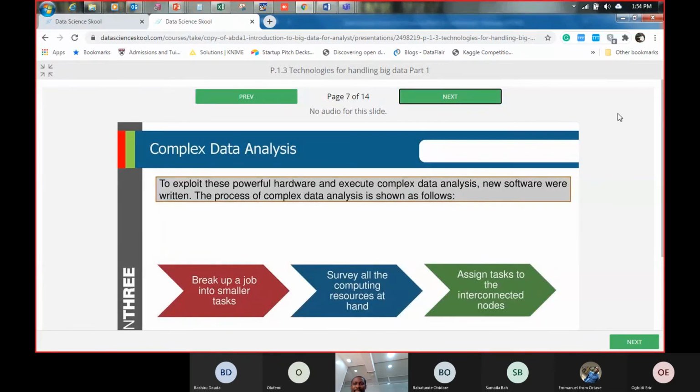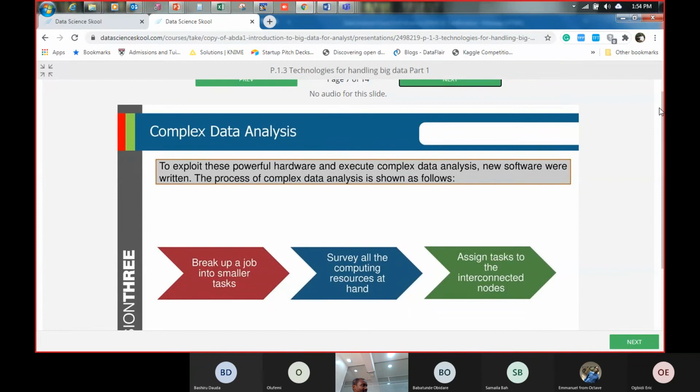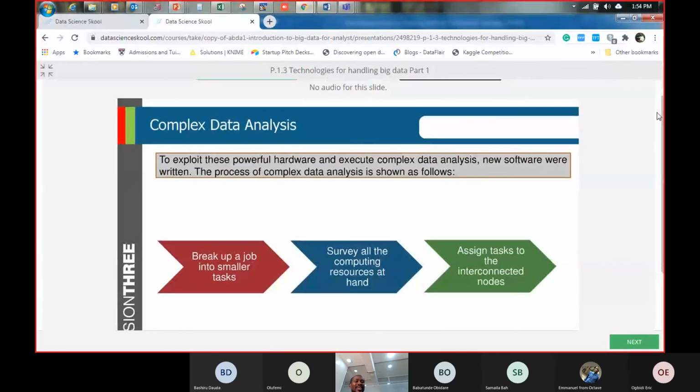Those concepts are needed in managing big data, in managing complex data. When you need to analyze big data within a distributed system, the job is broken down into smaller tasks, and then you survey what computing resources are available to handle all of those tasks.